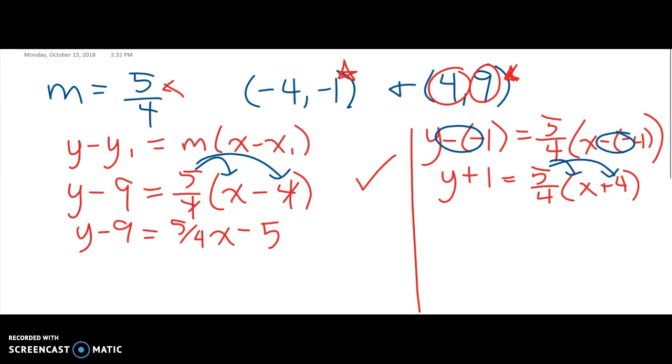And over here on the right side, we have 5 over 4 times x. Bring all this down here. And again, the 4's are going to cancel out, leaving you with a 1. So that's going to be plus 5.